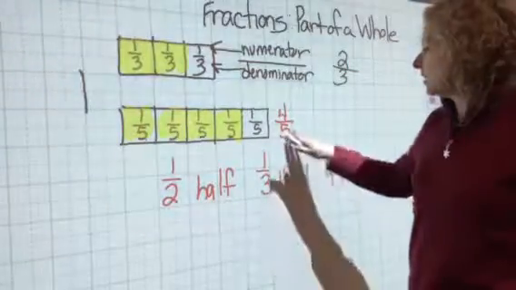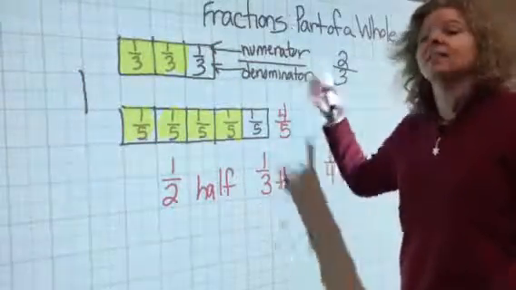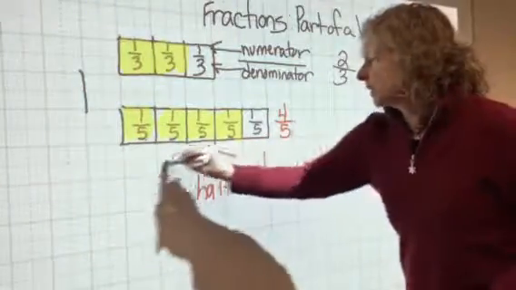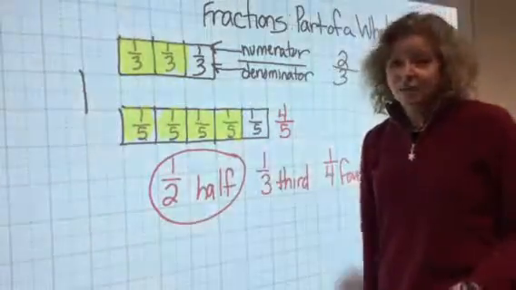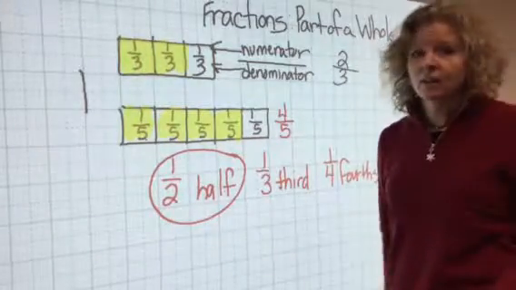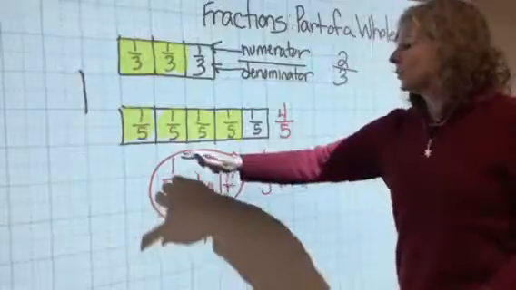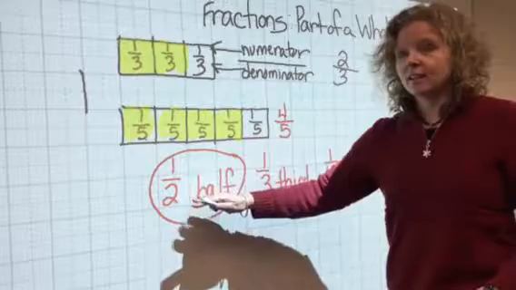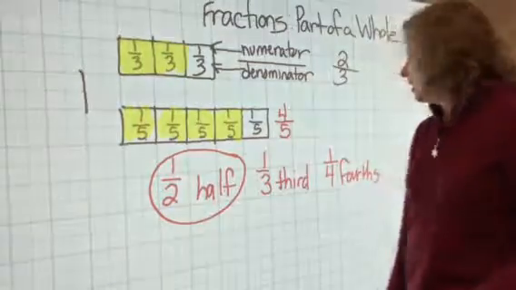That's how you say the denominator. It's 6th, 7ths, 8ths. This one's different. If there's a 2 on the bottom, you say half. Now you've been saying that one for forever. Can I have half that cookie? Can I have half that cupcake? Can I have half that pie? It's when you break it into 2 pieces, it's divided equally in half.